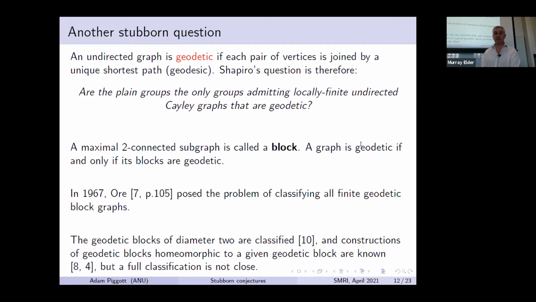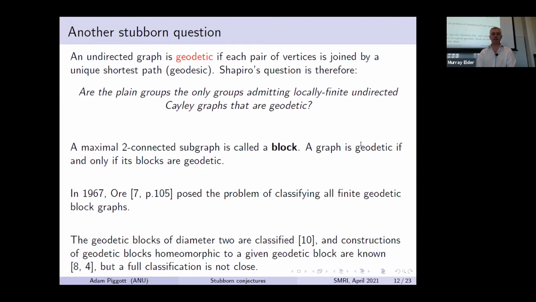And in 1967, two-connected means connected with no cut vertices.